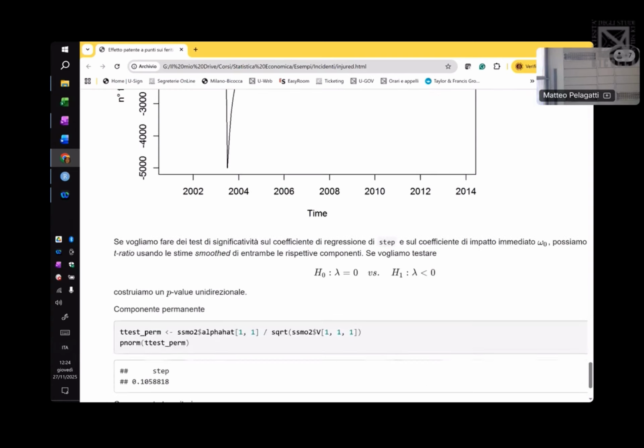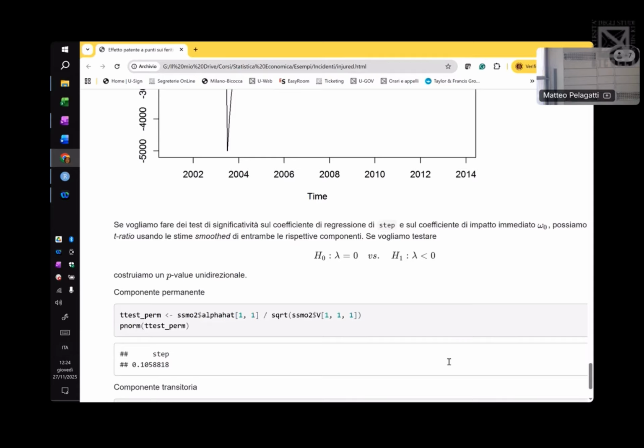And of course, this is an estimate, a statistical estimate, so it has a lot of uncertainty. So we can test if the lambda, the permanent effect, is zero. So there is no permanent effect against there is a negative permanent effect.